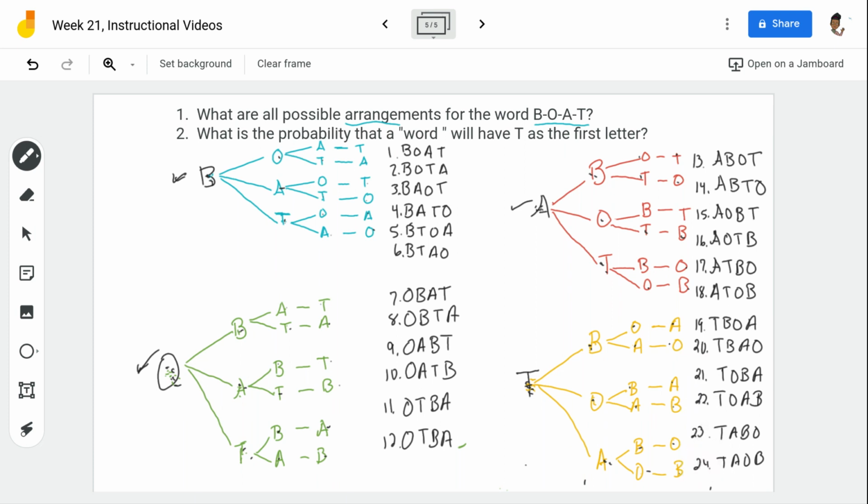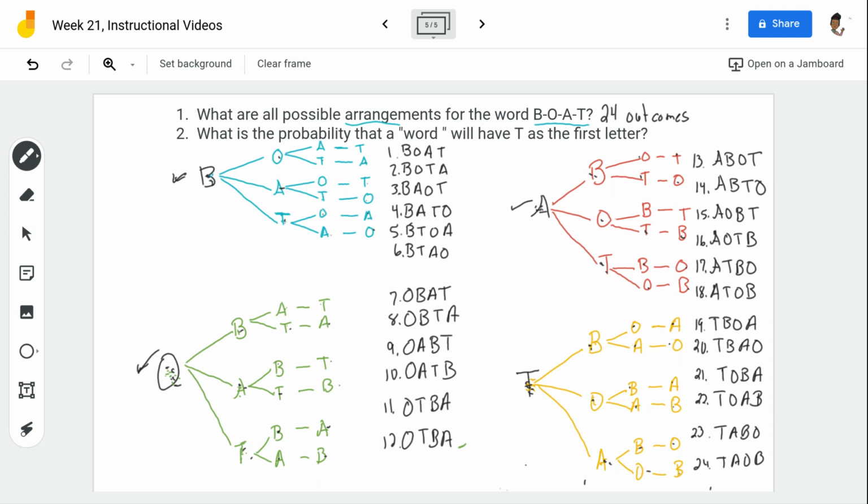So if you look, we actually have 24 outcomes in our sample space. So all those 24 that are listed, that's the answer to problem number 1.